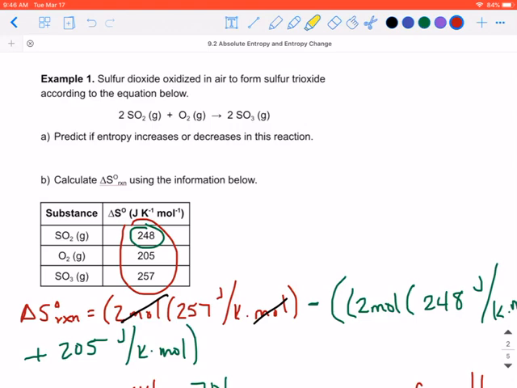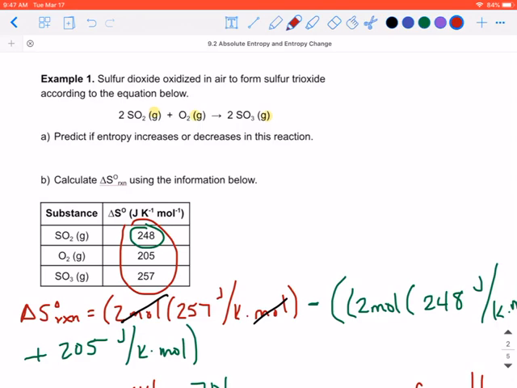In this reaction, every substance is a gas, which is nice. So we have to see how the amount of gas changes over the reaction.